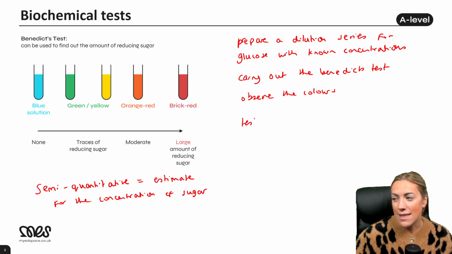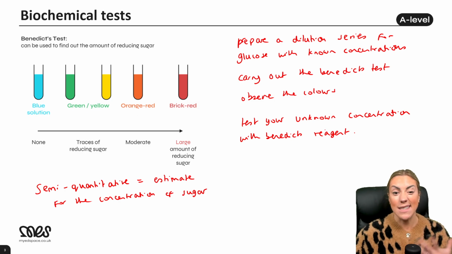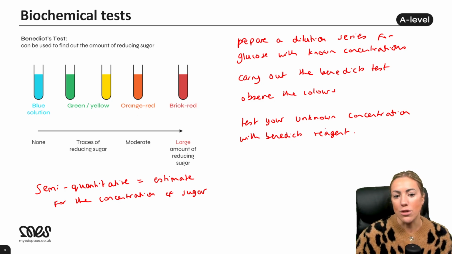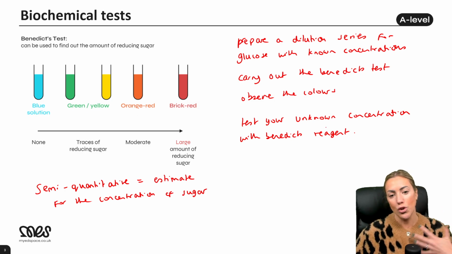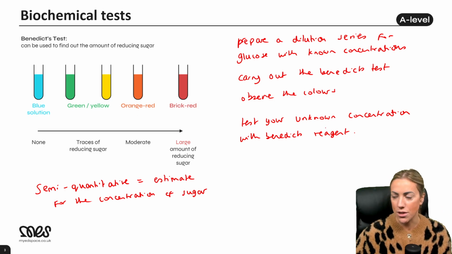Then you can test your unknown concentration in the exact same way. What I mean by that is, you'd have to use the same volume of sugar solution and the same volume of Benedict's reagent so that you can actually compare your unknown concentration to your known concentrations.